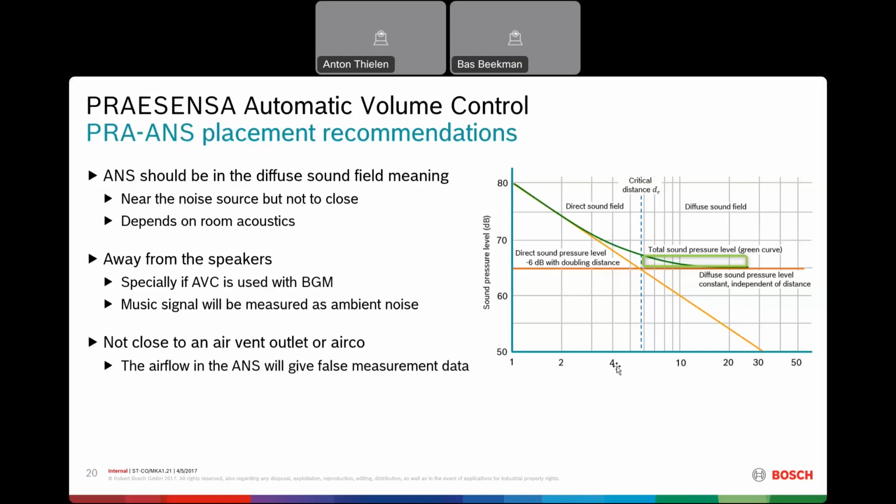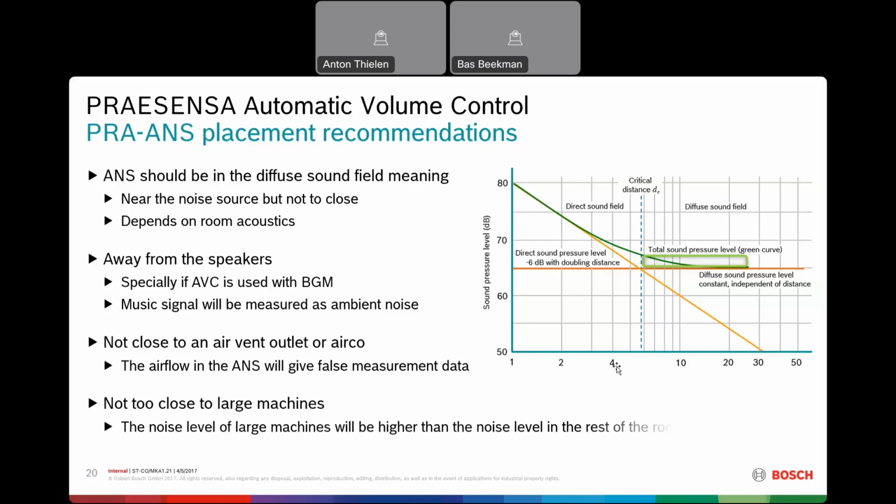Also not too close to an air vent outlet or an airco, because if you are in the direct sound field of an airco, this airflow will give false measurement data and will also influence and lower your volume in that case. Also not too close to large machines.